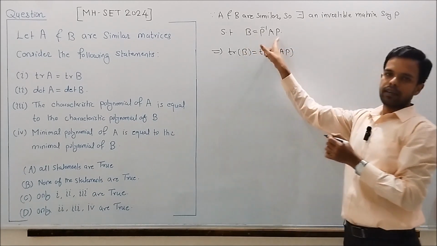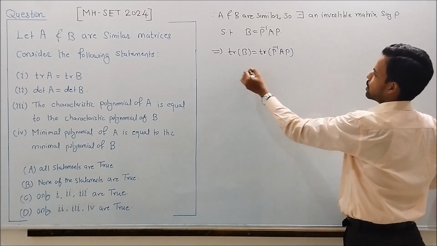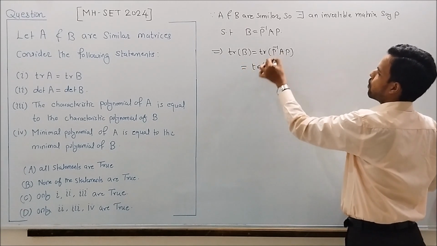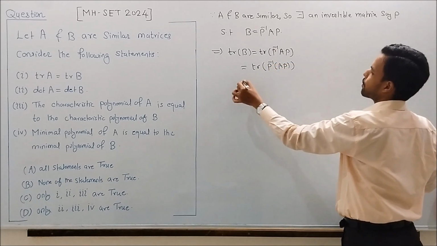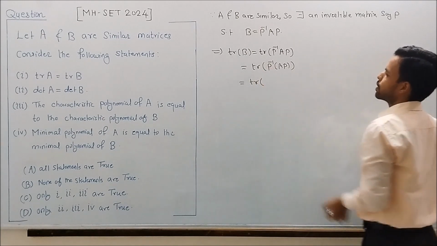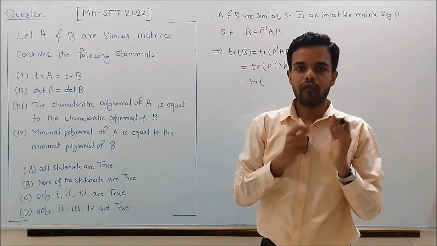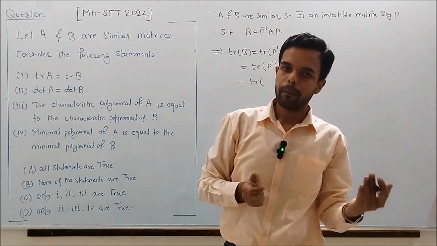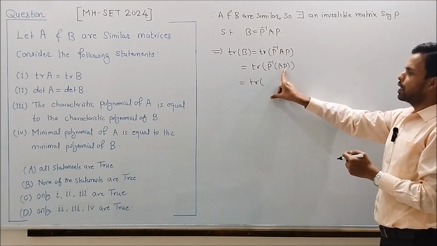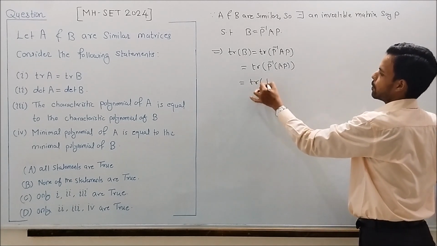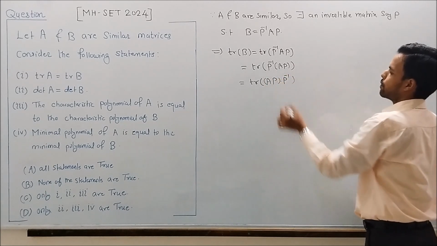Now, we know that for any two matrices A and B of the same size, trace of AB is equal to trace of BA. So we use that property, and this is nothing but trace of AP times P inverse.